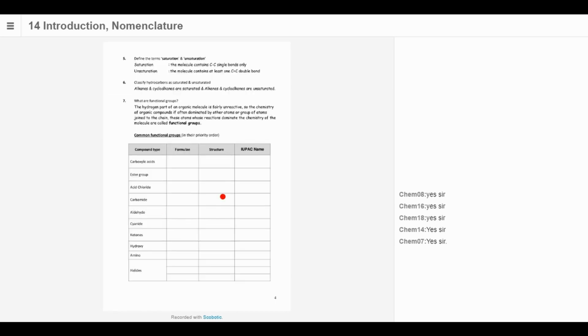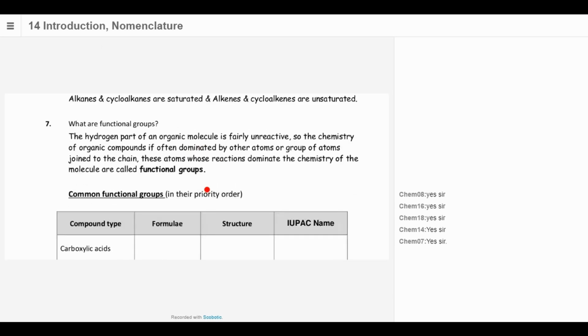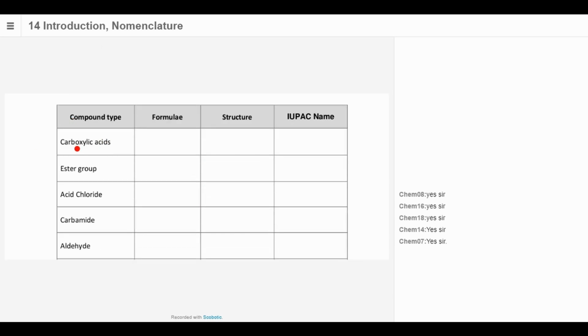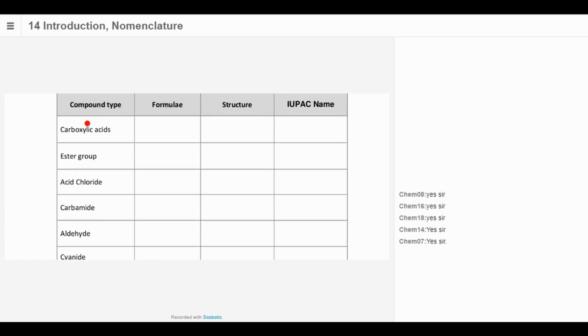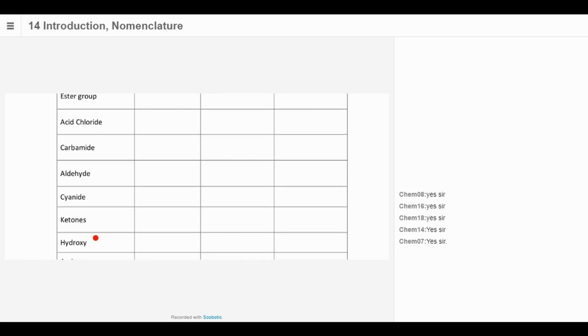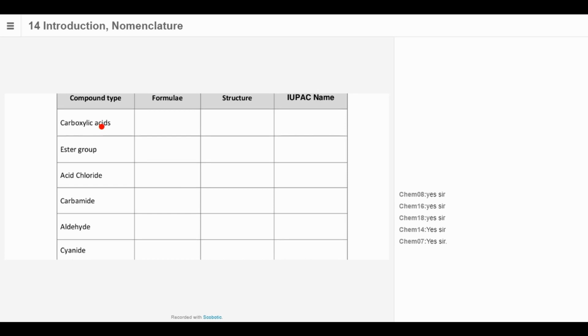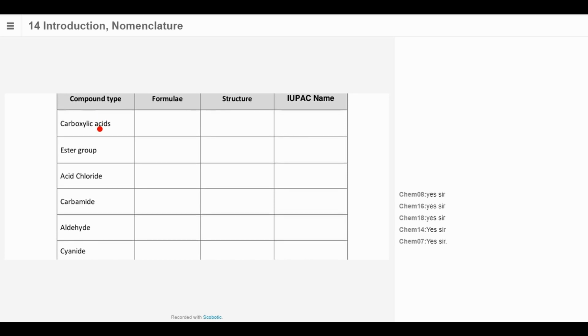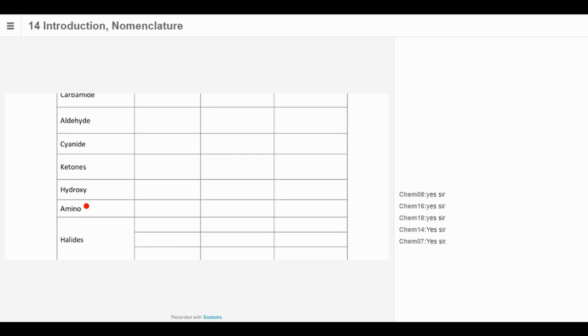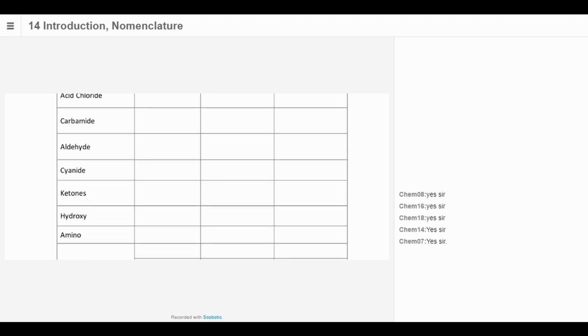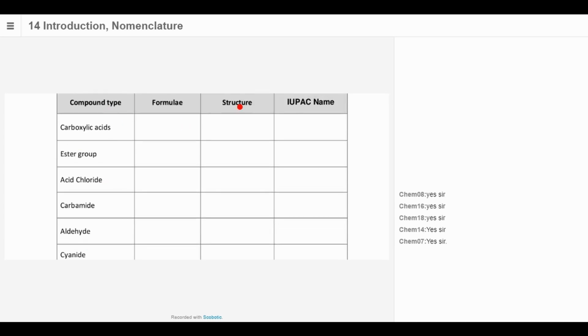What is meant by priority here is that, for example, carboxylic acid and hydroxy group, the carboxylic acid is on the top, right? So that has a higher priority compared to the hydroxy functional group. So the molecule is always named with respect to the higher priority one. So it is named as carboxylic acid, not as hydroxy. The IUPAC name for carboxylic acid is oic acid, right?